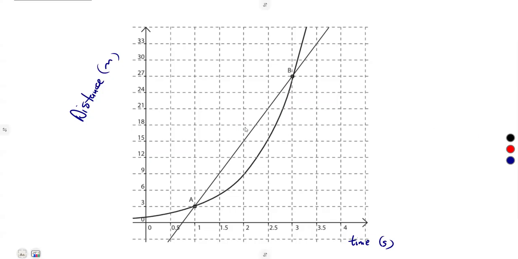Then you are being asked from the graph that you are given, find the average rate of change between A and B, or find the average speed between points A and B. The average speed, it is because you've got distance and time, not given to say this is distance or this is time.